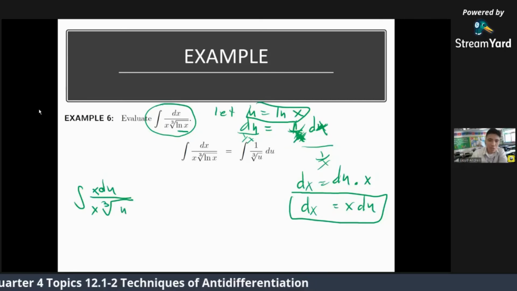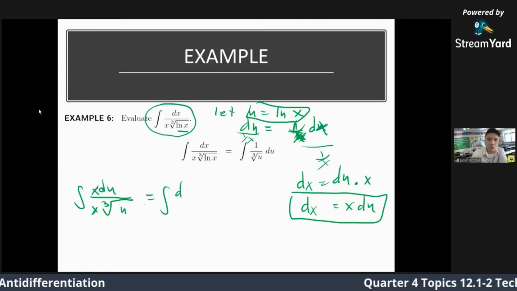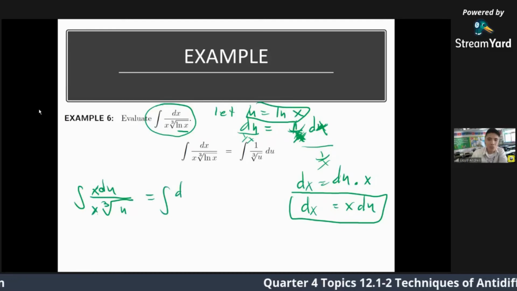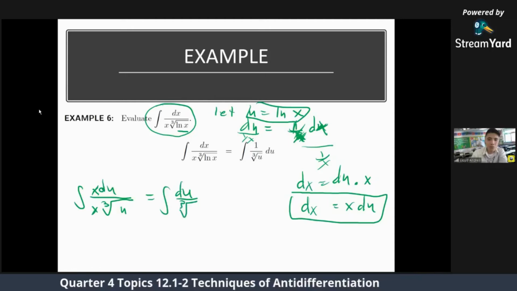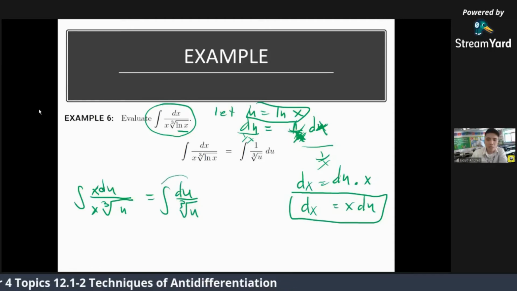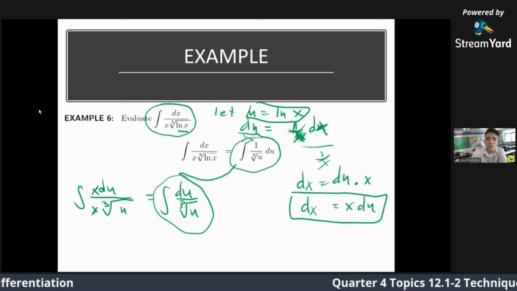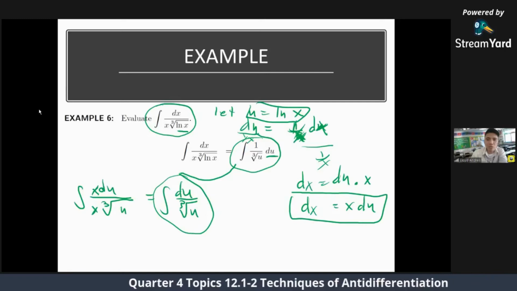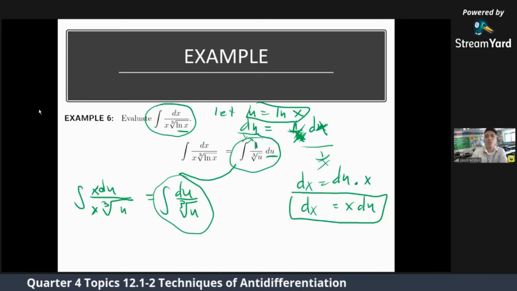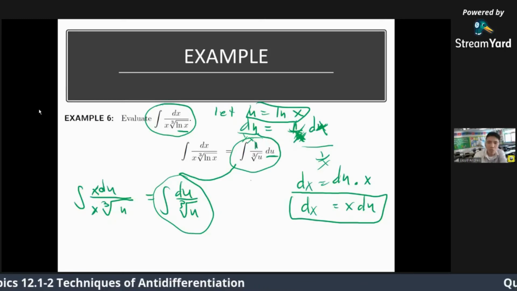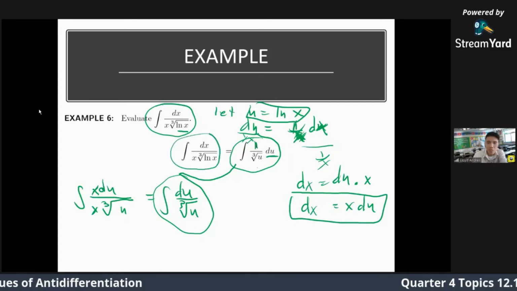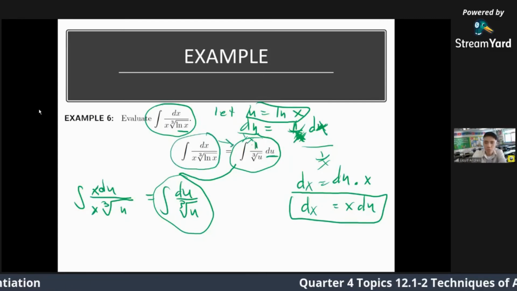So ma-cancel out man si x, mao na ang nabilin, integral ni du over cube root of u. Which is equivalent ra pod ana, kay gibutang lang niya ang du diri tapos gibutangan niya 1. So I hope naka-follow nganong from here equal na siya pinaka-ana. So kani ang process.